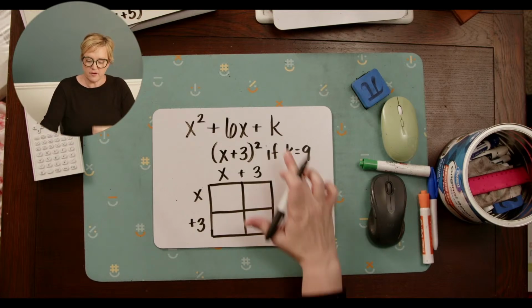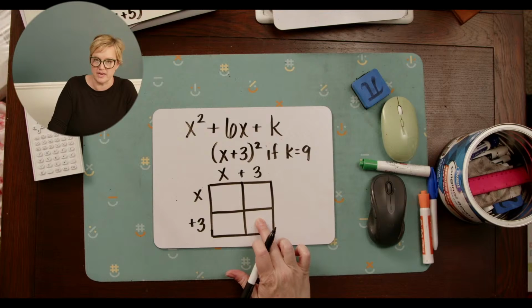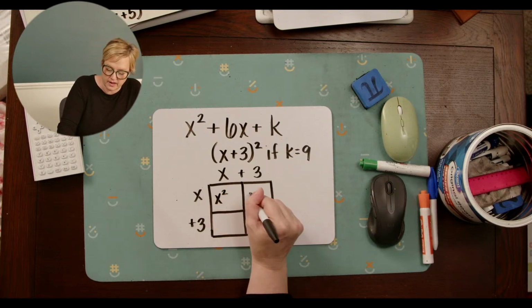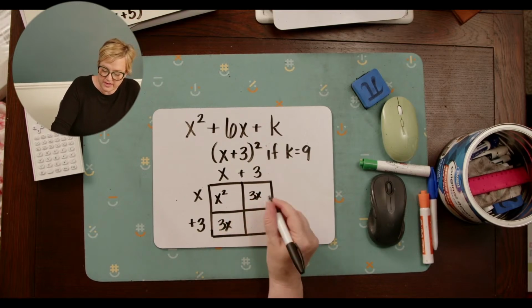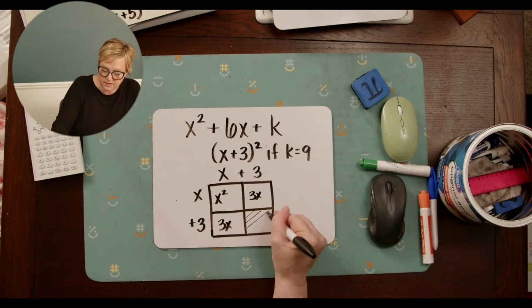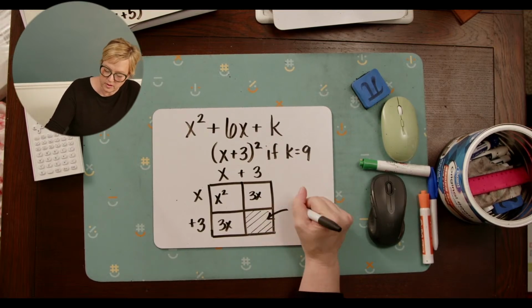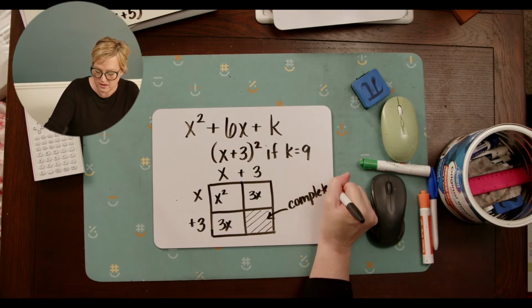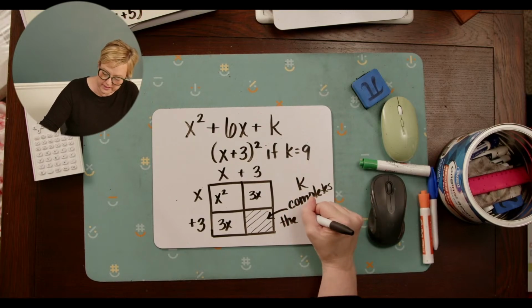But if we still don't know what k is, we're looking for what this value would need to be. So x squared, and we've got 3x here and 3x here, and this part here is the value that completes the square. So your k value completes the square.